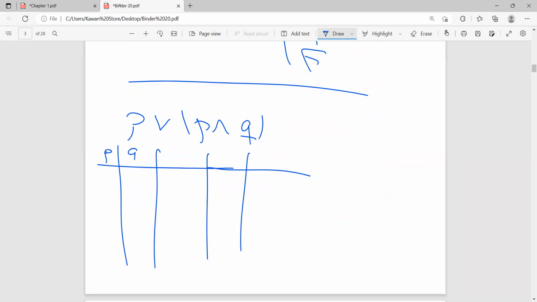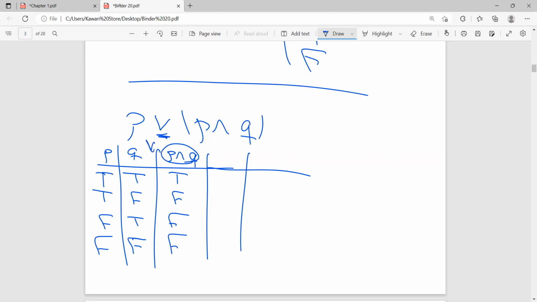Okay, P, Q, so true, true, false, true, false. Now I have and, right? P and Q. I will get what? Right? Then with or, because we can play with them. So with or means that this result or here, right?